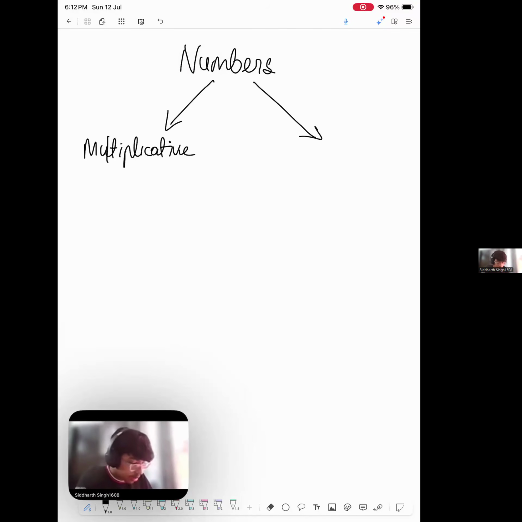Switching between them is basically the key to solving more problems, which is basically shifting perspective. Why multiplicative? Because you have primes, right? And in fact, every number is built up of primes. So primes are actually a very interesting object to study.